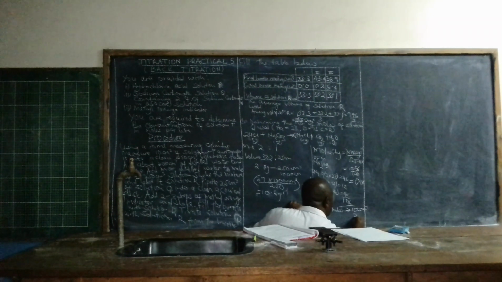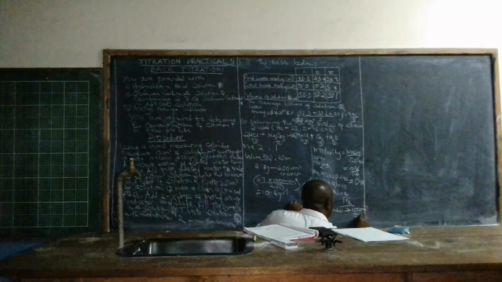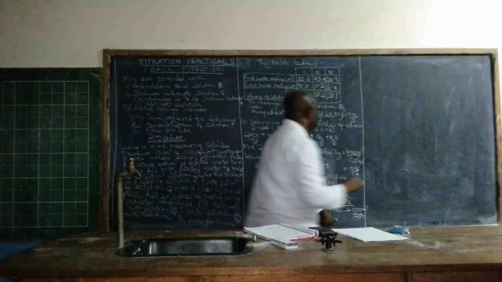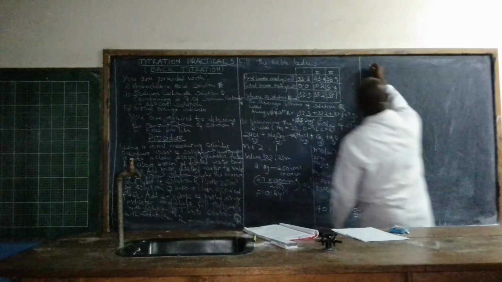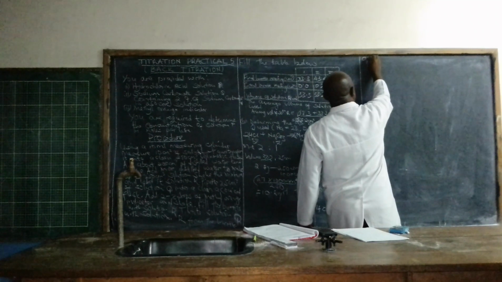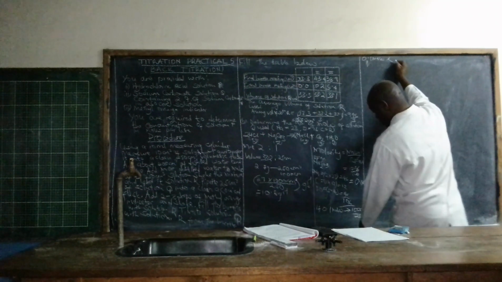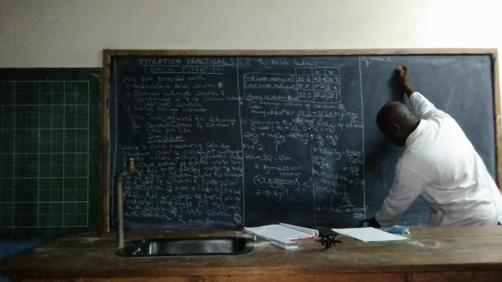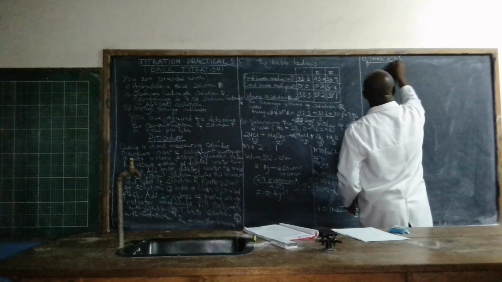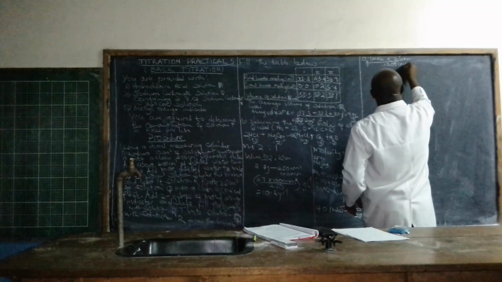So we equate it here, 25 cubic centimeters, and we cross multiply. We get 0.1 moles times 25 over 1,000 cubic centimeters.